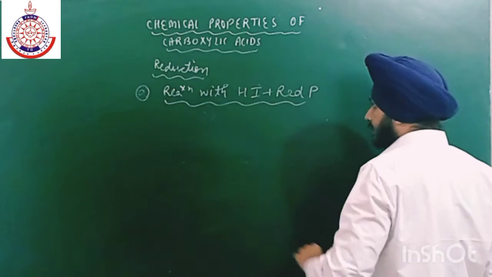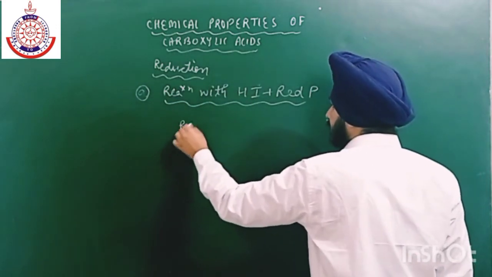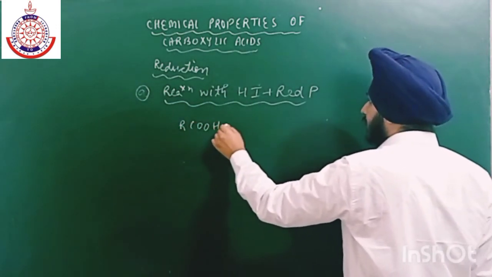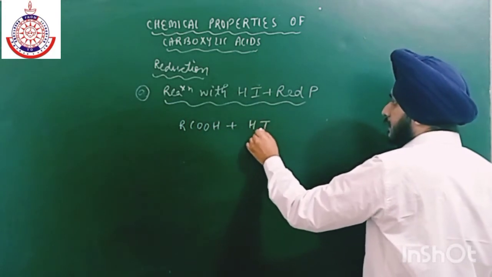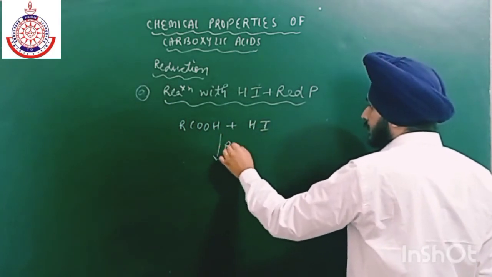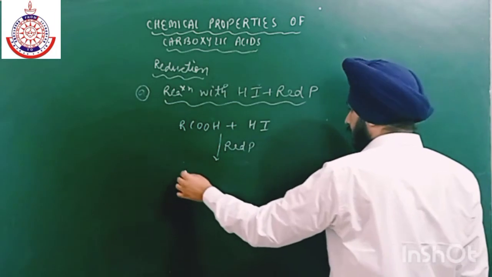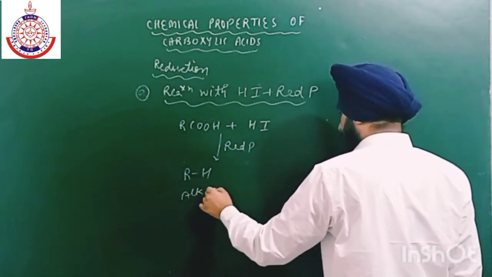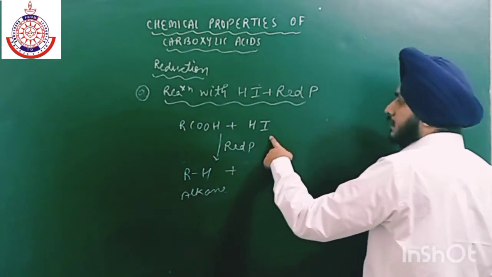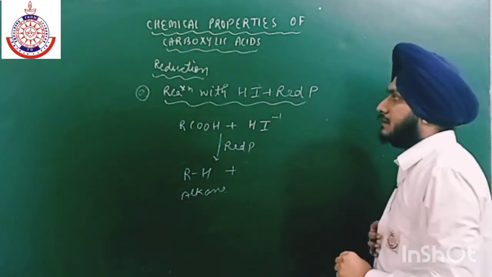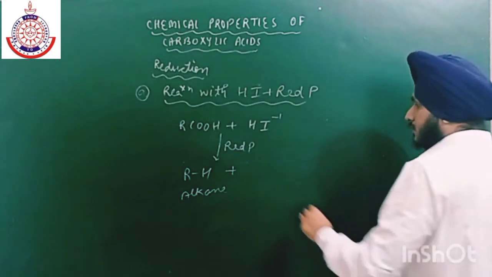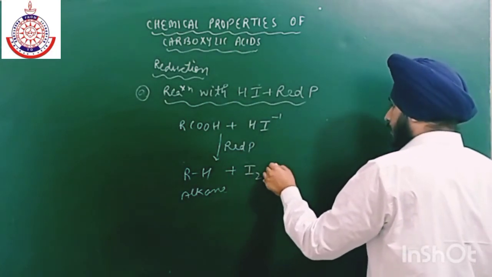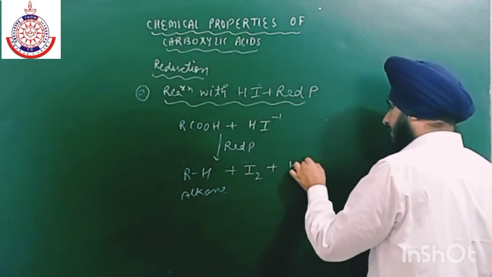For example, this is the general form of carboxylic acid plus HI in presence of red phosphorus. So we will get RH, that is alkane, plus I2, as iodine gets oxidized from -1 to 0, plus water will leave.